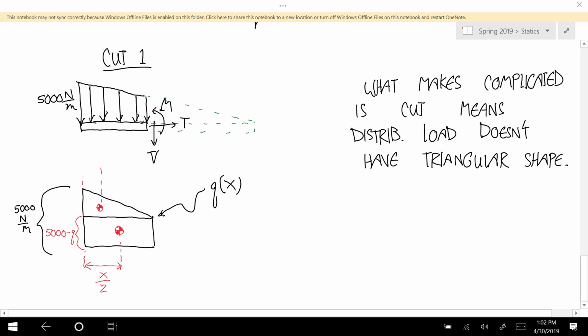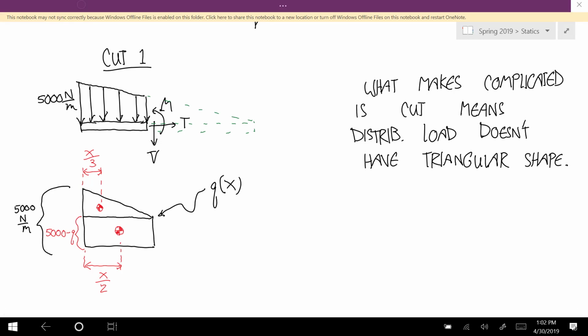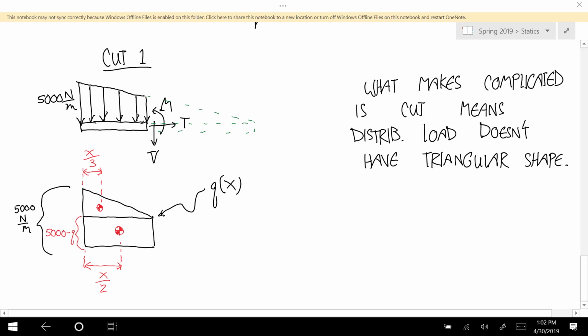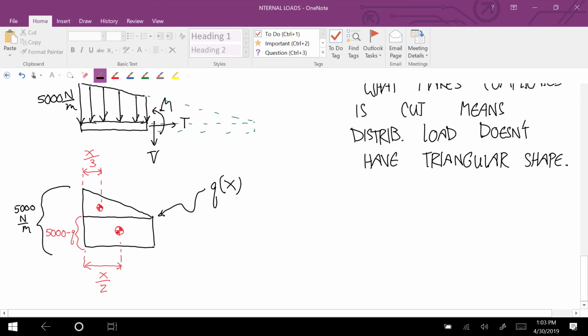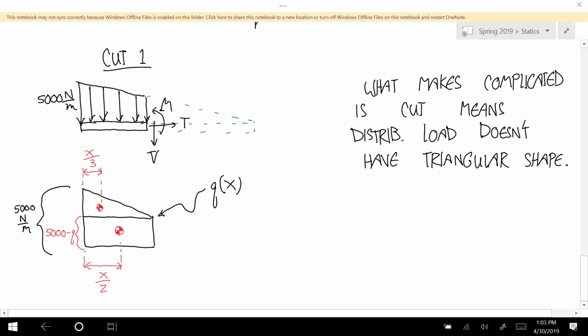This distance is x over 3. And you can calculate all of these. I did that wrong. This is the one.